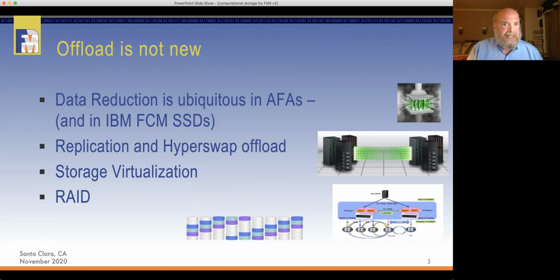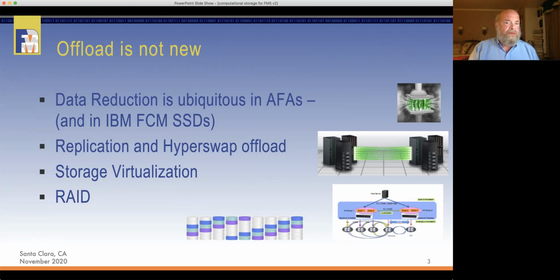These are things that databases can do, VMware can do, Linux can do, IBM's AIX can do, but it does take CPU resources. So all-flash arrays have a rich set of functionality and storage services, which include replication, disaster recovery, hyperswap between two units in order to offload the CPU.